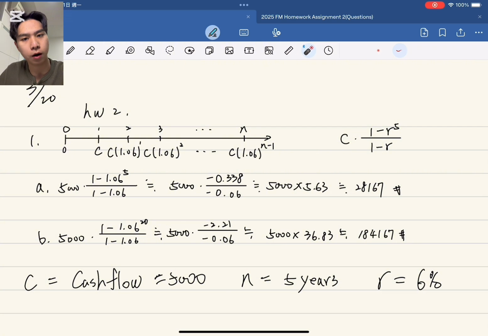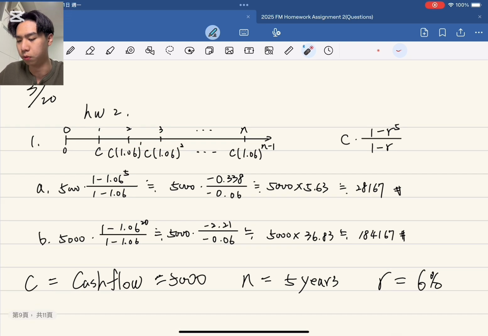And how about n years later? There, for n years later, we can see from the previous record, the exponent is the number of years minus 1. You can see there 1 minus 1 is 0, 2 minus 1 is 1, 3 minus 1 is 2.